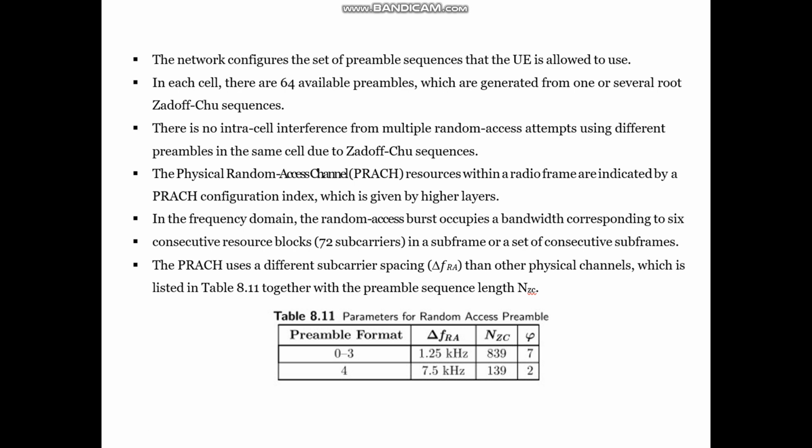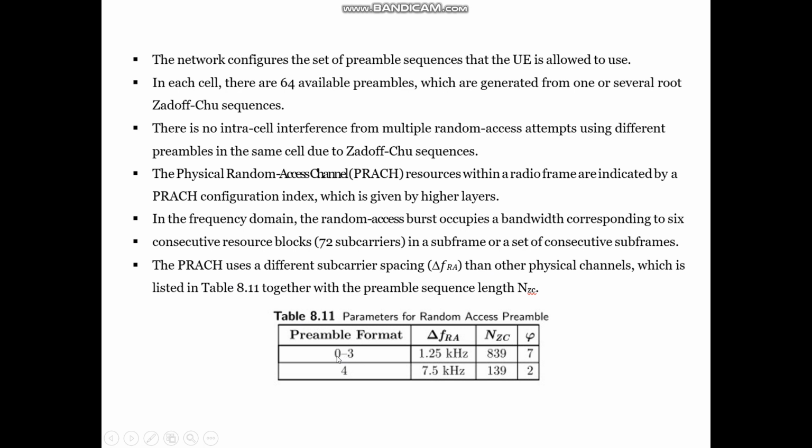The PRACH uses a different subcarrier spacing, delta f_RA, than other physical channels, which is listed in this particular table.